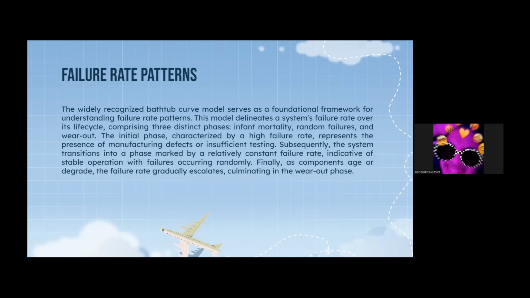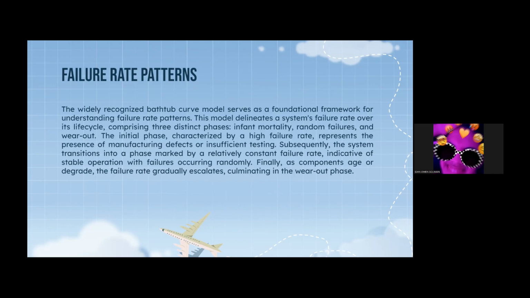The initial phase, characterized by a high failure rate, represents the presence of manufacturing defects or insufficient testing. Subsequently, the system transitions into a phase marked by a relatively constant failure rate, indicative of stable operation with failures occurring randomly. Finally, as components age or degrade, the failure rate gradually escalates, culminating in the wear out phase.